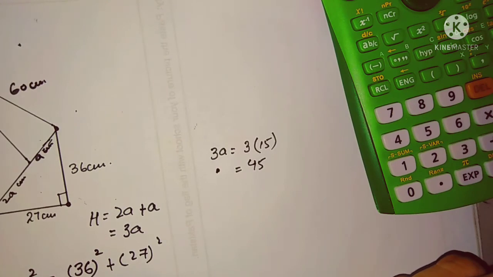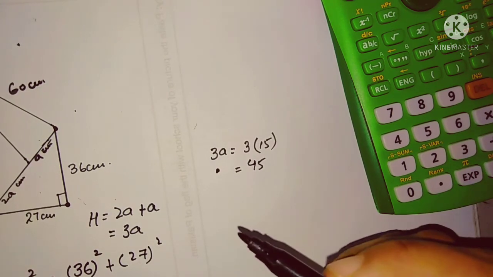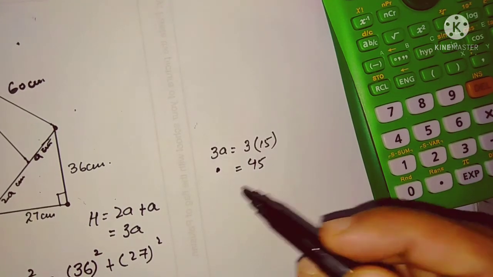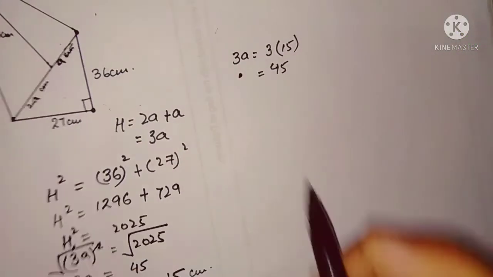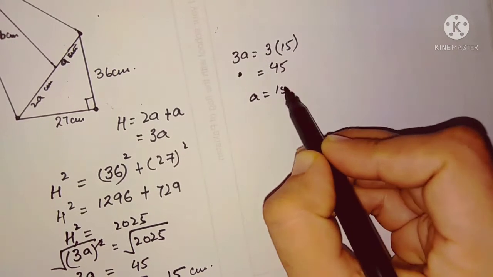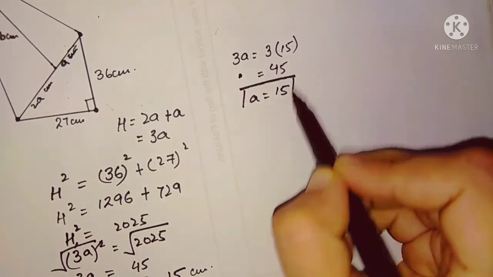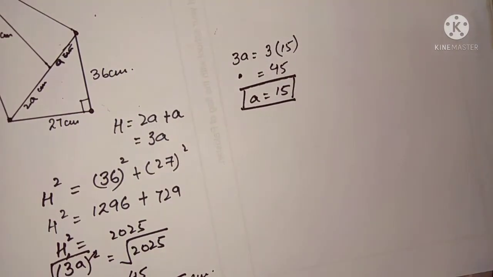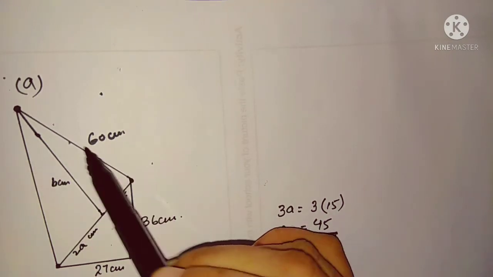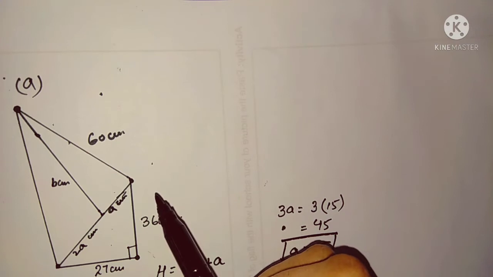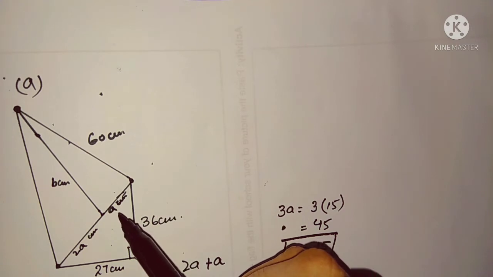Alright, now we have to find out the value of b. We have found the value of a, which is 15. So now we'll find out the value of b. Here you can see this is a right angle triangle.